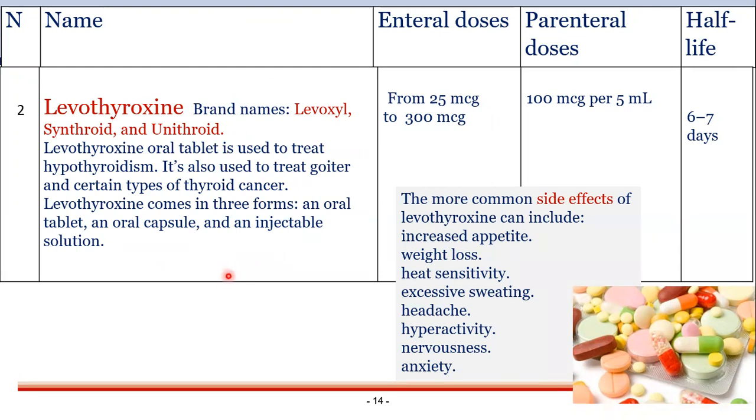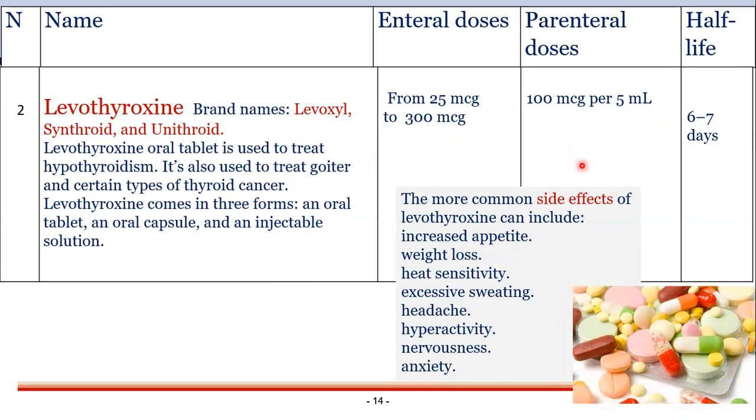Levothyroxine comes in three forms: an oral tablet, an oral capsule, and an injectable solution. It has enteral doses from 25 microgram to 300 microgram, and parenteral doses of 100 microgram per 5 milliliter. The half-life of this drug is 6 to 7 days.